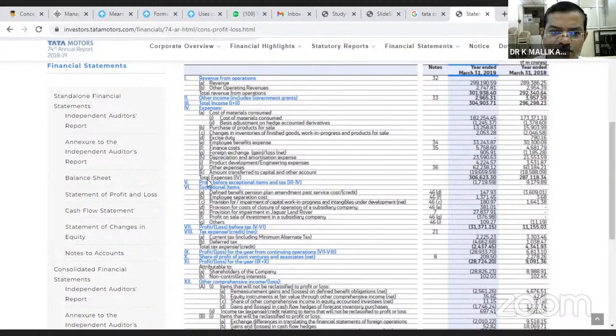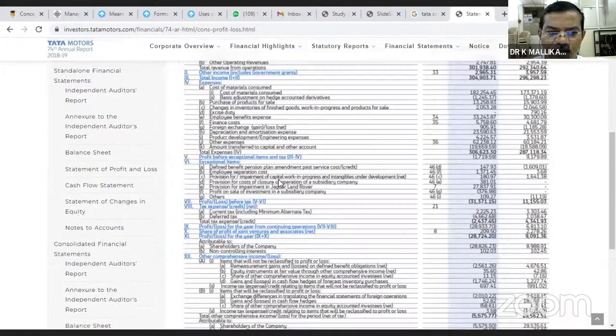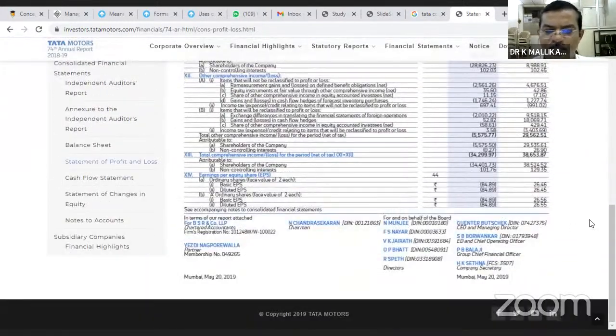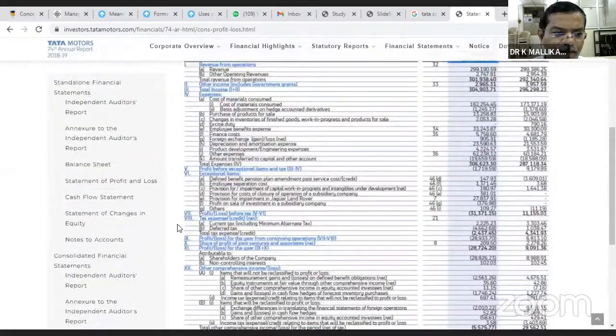Then the expenses are there. All the items are mentioned here. Here also 2 years data, signatures of concerned authorities. Okay. Then we go for cash flow statements.